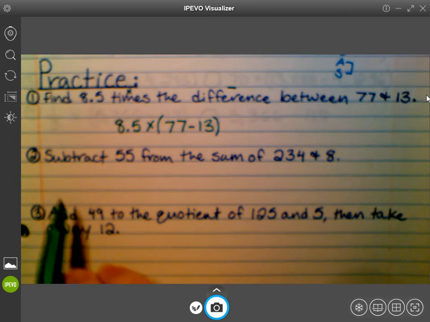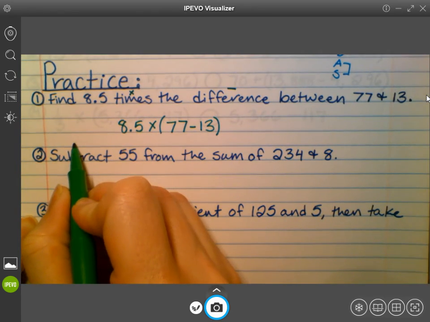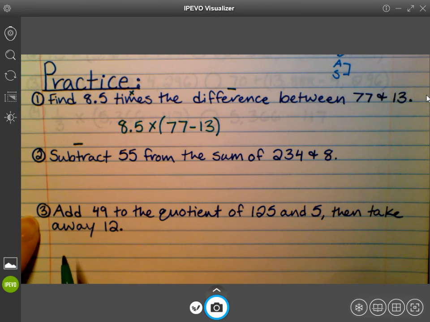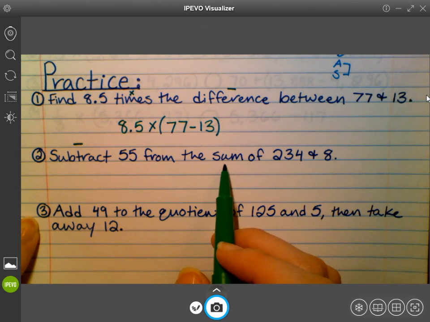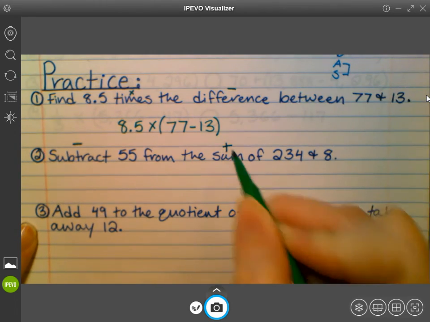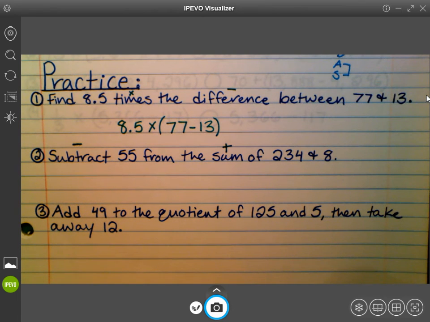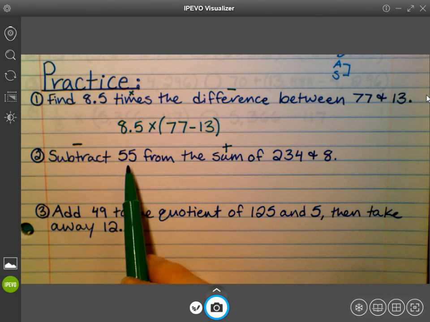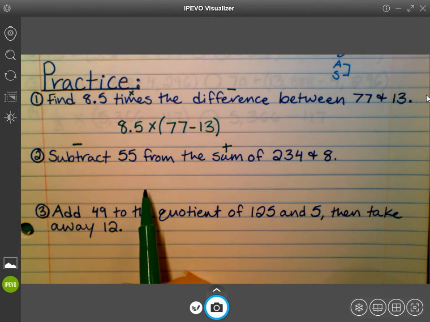Okay, so we have number 2. For number 2, I see the word subtract, so I'm going to put a subtraction sign. Subtract 55 from the sum. Well, sum is the answer to an addition problem. So I'm adding 234 and 8. Now, this one was a little tricky because we start with subtracting 55. How many of you wrote 55 minus something?